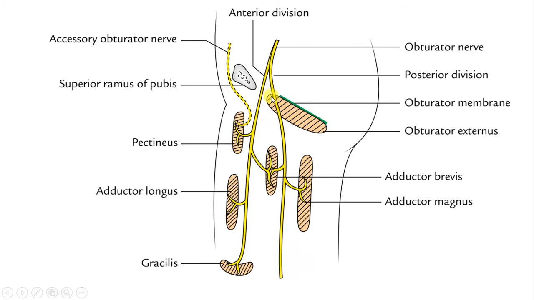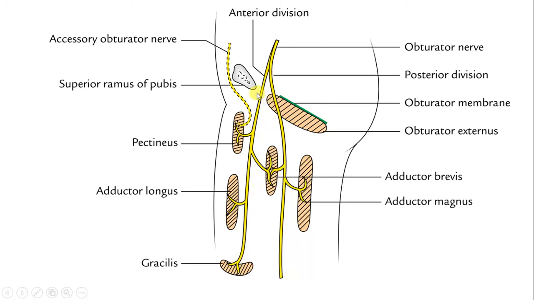The posterior division, a big one, passes through the obturator externus, then comes to lie over the adductor magnus, and here it is supplying the adductor magnus. And the anterior division is also supplying the gracilis.